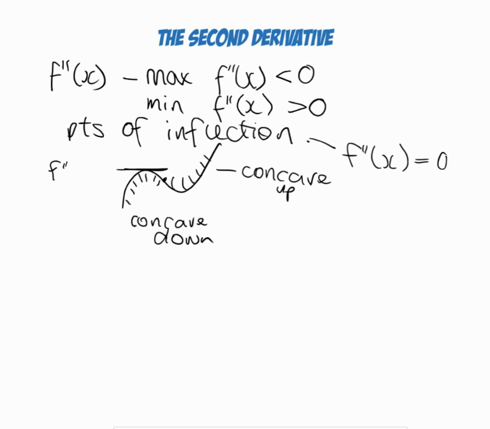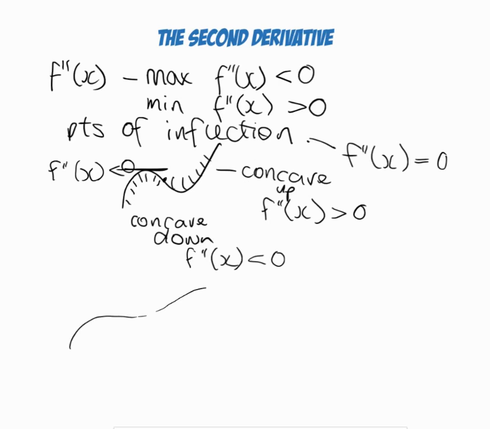Okay, so if we look here, we've got our maximum, and we know at that point that f double dash is less than 0. So for anything concave down, we find f double dash is less than 0. And conversely, for concave up, f double dash is greater than 0. So we can use that information. Here's a different type of graph, so we can say where the points of inflection are.